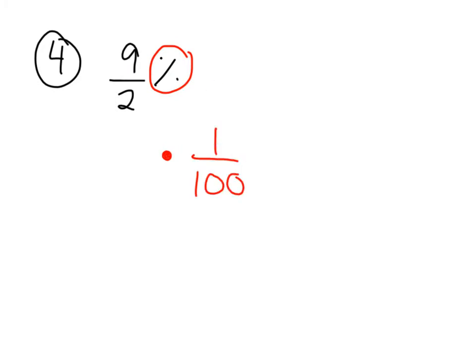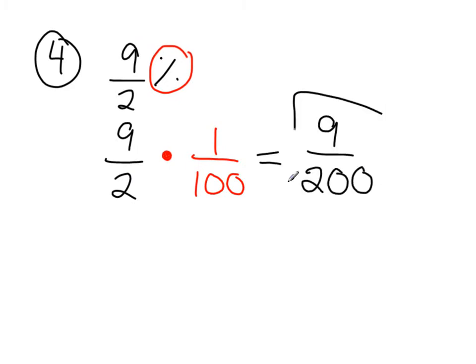It's sometimes to our benefit to just think of it as divide by 100, but the reason why we're going to think of it as times 1/100 is because we started with fractions, and we want to stay consistent with seeing them all as fractions. Multiplying with fractions is much easier than dividing. Now, if there's any reducing, we should do so. There actually isn't any reducing, so we go straight across. 9 times 1 is 9, and 2 times 100 is 200. And this is the fraction representation of 9/2%.